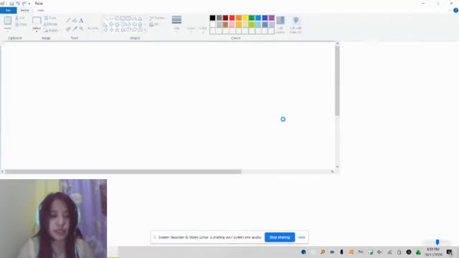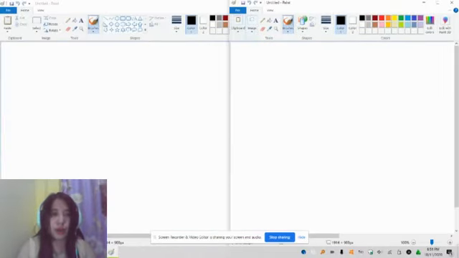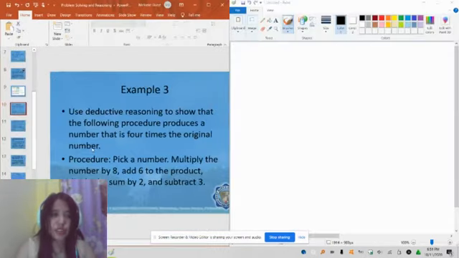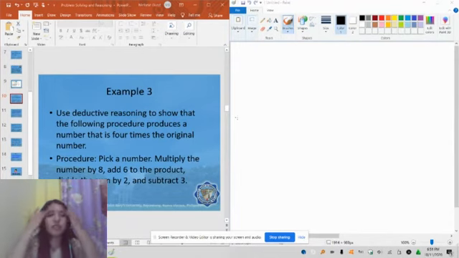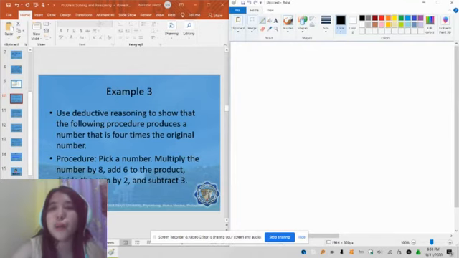So we're going to use the paint as our board, and side by side, we are going to look at the instruction here. Okay, so the instruction is to pick a number. So let's say our number is n. So pick a number n.